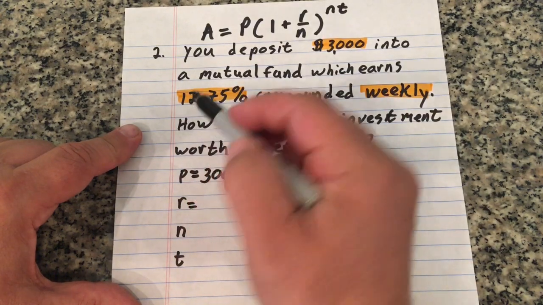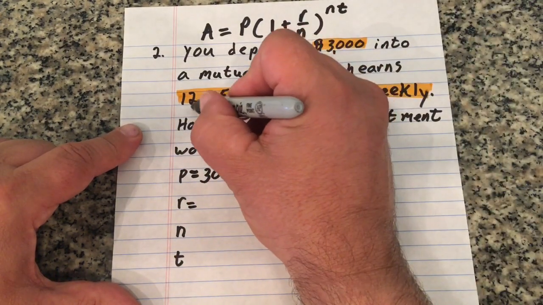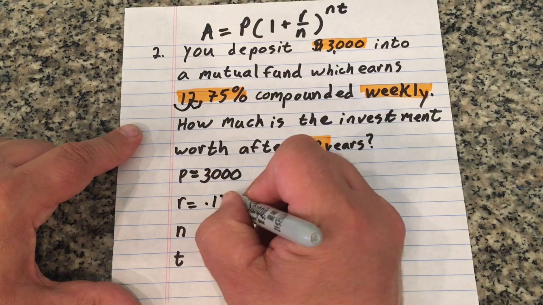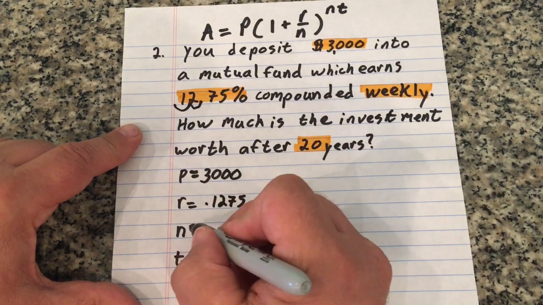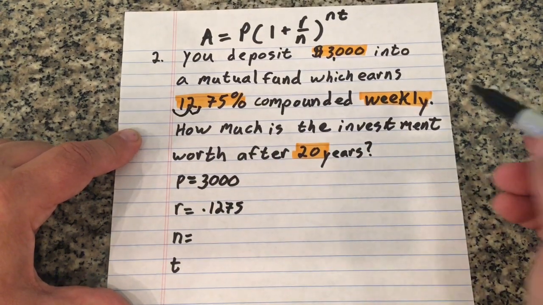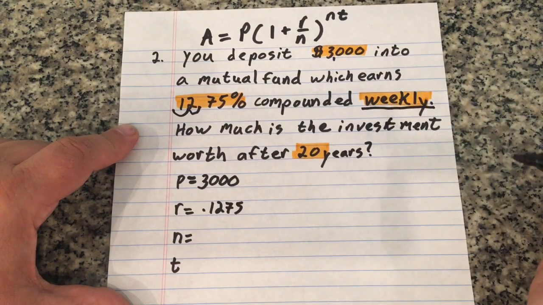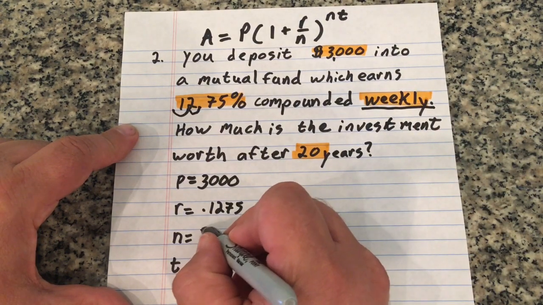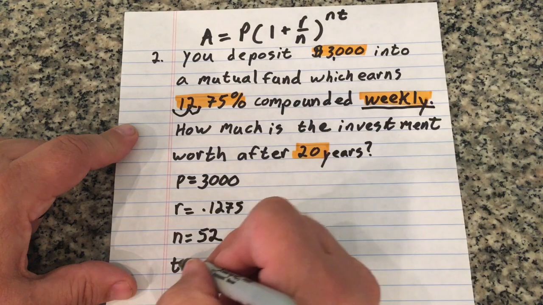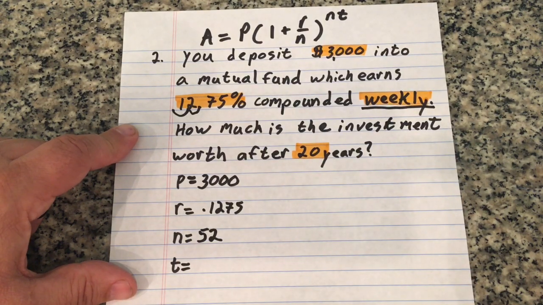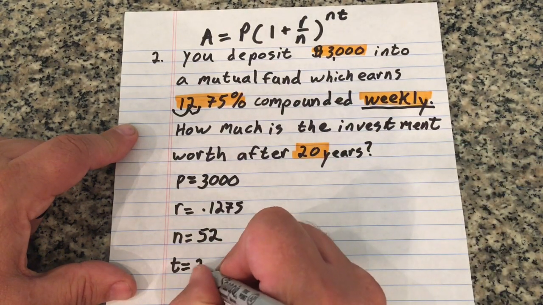My rate, notice I moved that decimal to the left 2 places, so it's going to be 0.1275. The number of times I compound in a year is weekly, so there are 52 weeks in a year. And the amount of years that I leave it in the investment is 20 years.